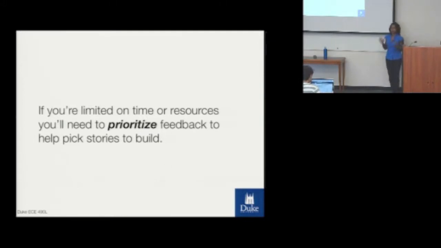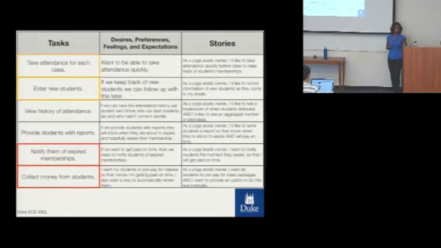Usually the highest priority is going to be based off of what they indicate as a strong preference. However, there are times where that's not always the case, meaning you might have to build some infrastructure, some things that feed into another type of feature. So keep those in mind as well.